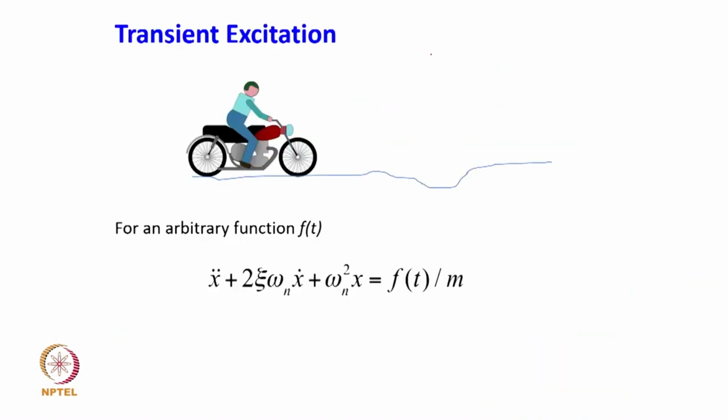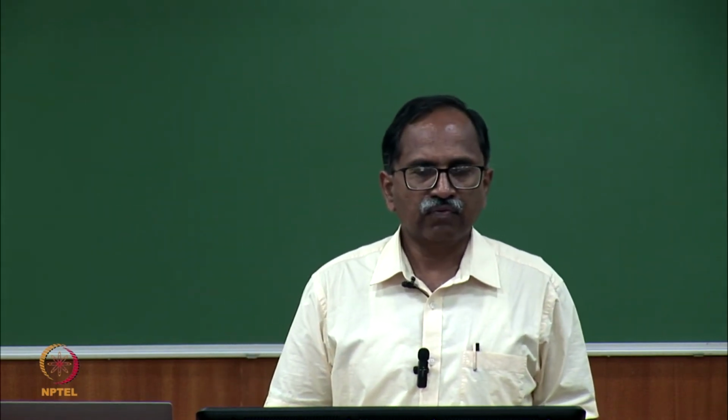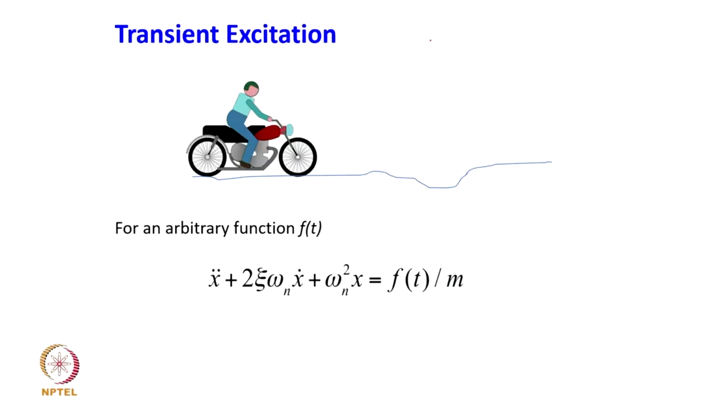After having discussed the free vibration response to initial excitation or initial disturbance, we shall now focus our attention on finding out the response of a simple vibratory system to a transient excitation, in the sense that in the earlier case when this vehicle was subjected to some disturbance at t is equal to 0, we discussed, for example, a simple single degree of freedom system which represented either a vehicle or a crane, the sudden disturbance in terms of either initial velocity or initial displacement that happened instantaneously at t is equal to 0.